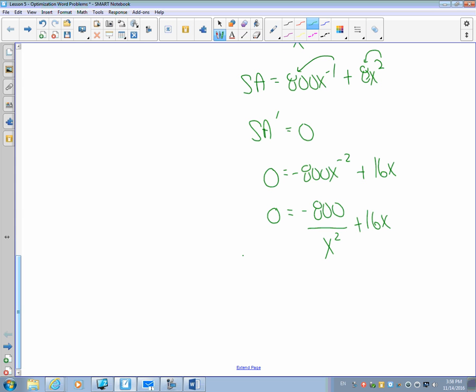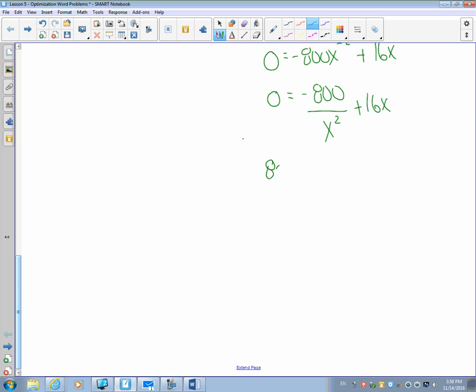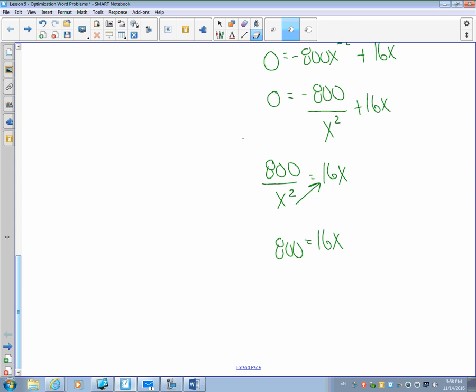We'll fix the exponent so it makes it easier to work with. We'll put numbers on one side and letters on the other so we can cross multiply. We'll then cross multiply, so we get 800 equals 16x to the, got an extra exponent in there, sorry, x to the 3. If we divide both sides by 16, we end up with x cubed on one side and 50 on the other, which means we can get x by taking the cube root.